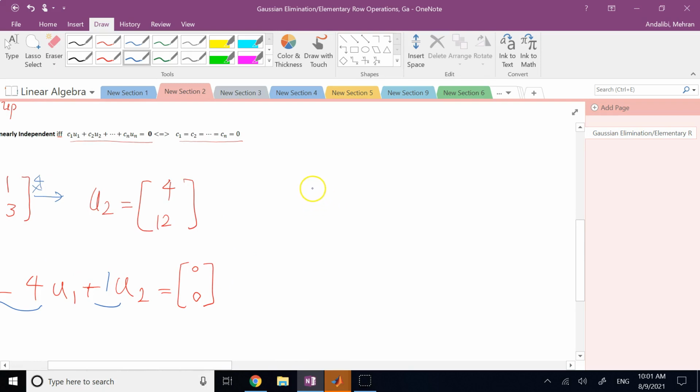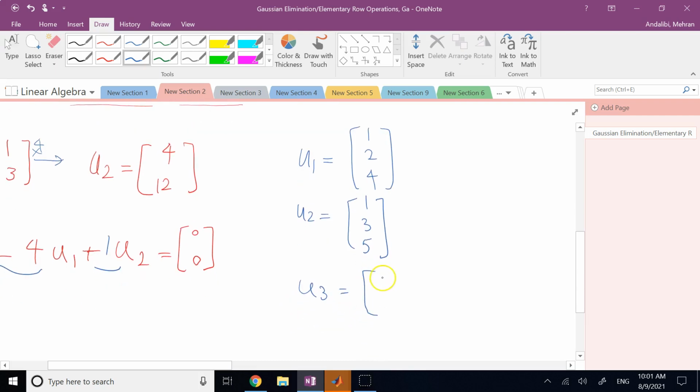So you might have something like this: u1 equals, let's say, 1, 2, and 4. And then u2 equal to 1, 3, and let's say 5. And then u3 to be something like, let's say 3, 8, and 14.